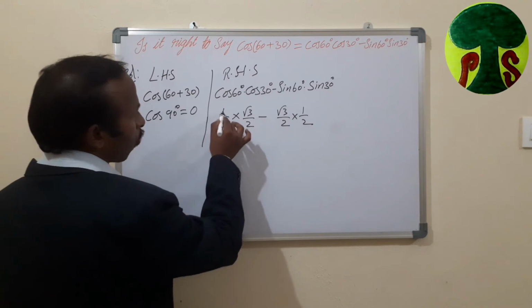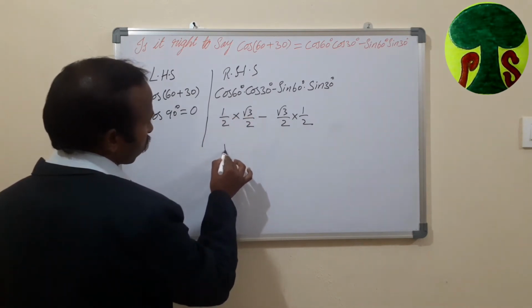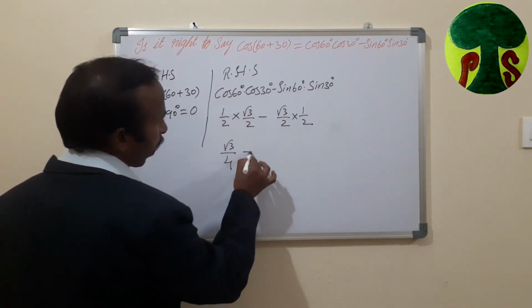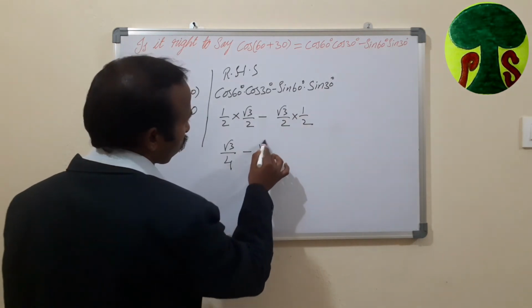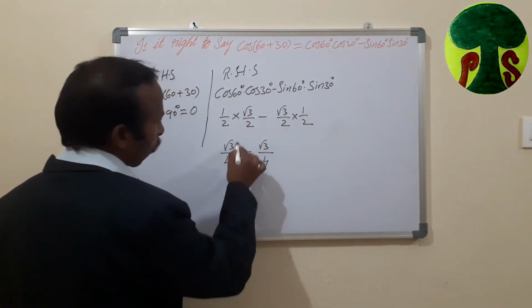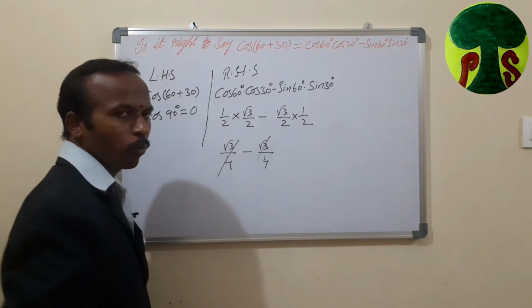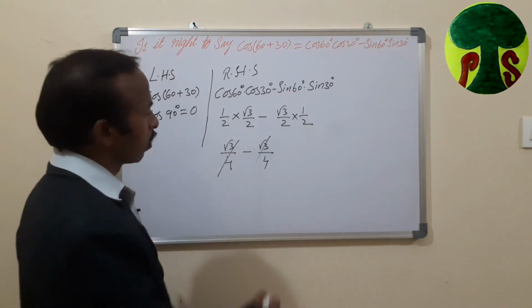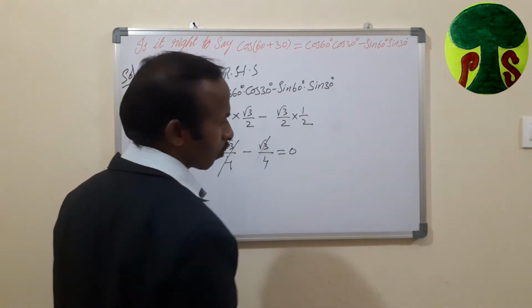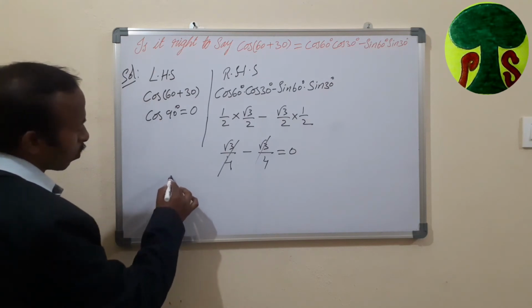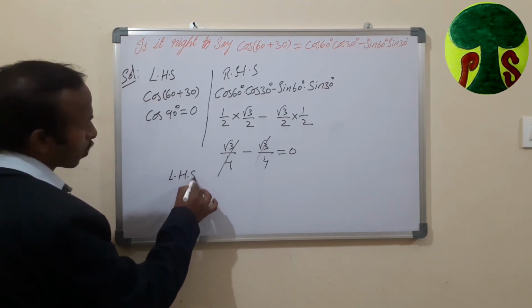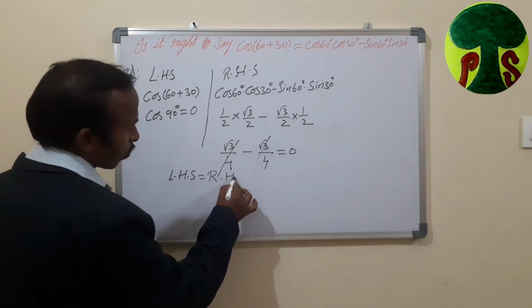Now 1 into root 3 is root 3 by 4 minus root 3 by 4 gets cancelled. Finally it equals 0. From this we conclude that LHS equals RHS.